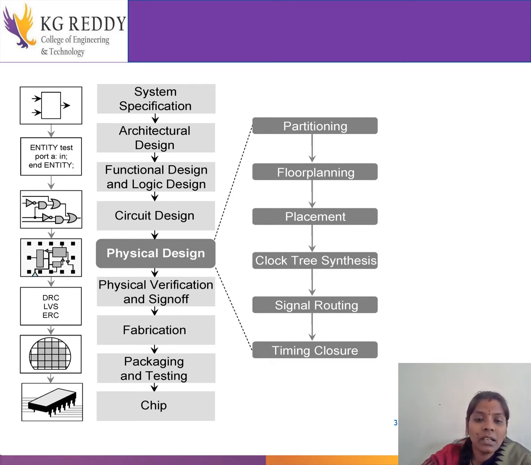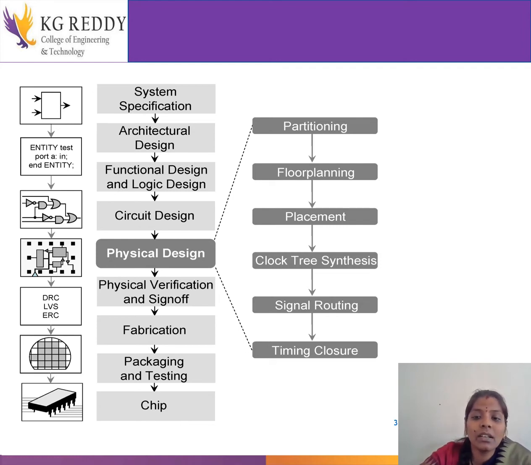If we define placement, it is a problem that automatically assigns correct positions to pre-designed cells in that chip, such that there are no overlaps. And it determines a few objective functions that need to be optimized. So that will come into the placement.